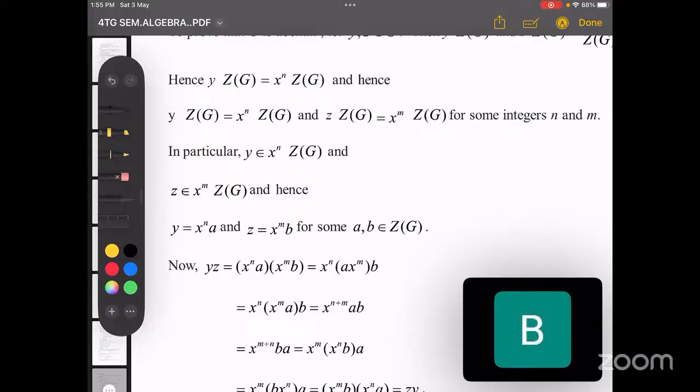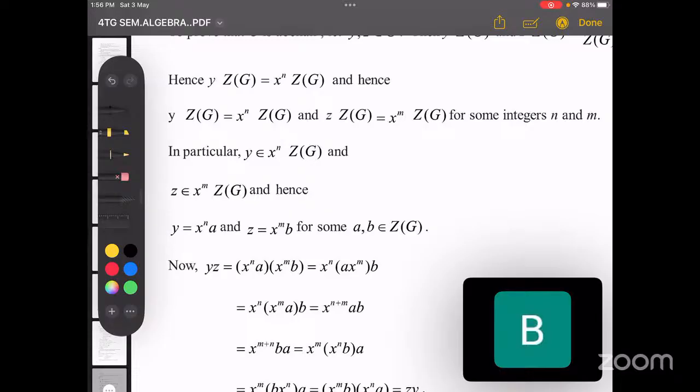You can do this by taking x^n outside. By the commutative property, and since a is in the center, x^n x^m a b. By the properties of exponents, x^m into x^n is equal to x^(m+n). So we write it as x^(n+m) ab. Now x^(m+n) ab can be written as ba, since it is commutative.